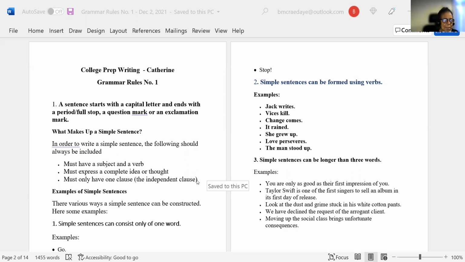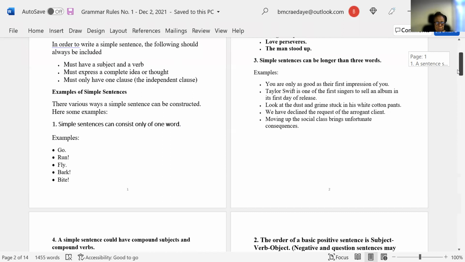Now, let's look at some examples of simple sentences. A simple sentence can consist of just one word. And I have some examples here. Examples like go, run, fly, bark, bite. Notice the bark, bite, run have exclamation points.